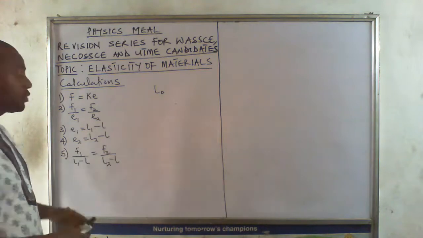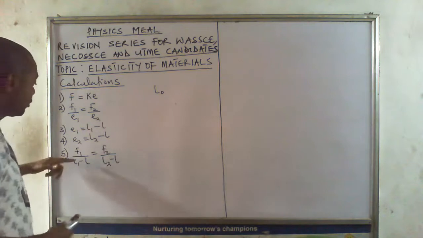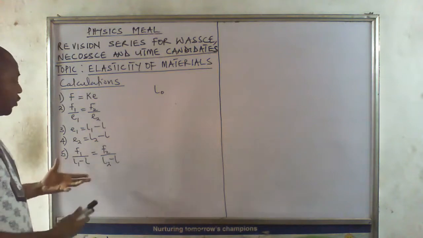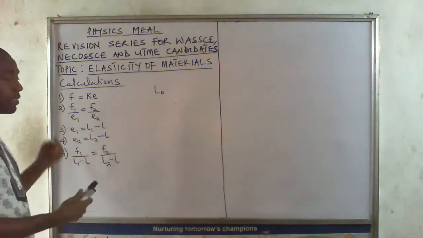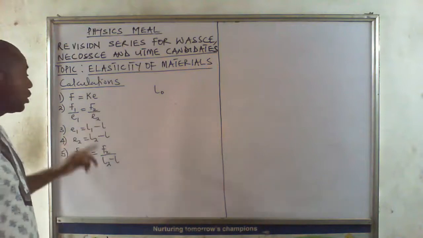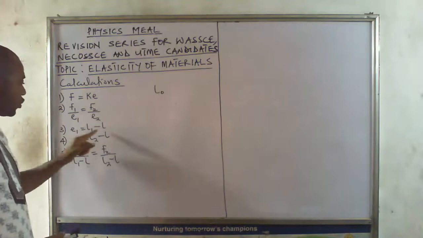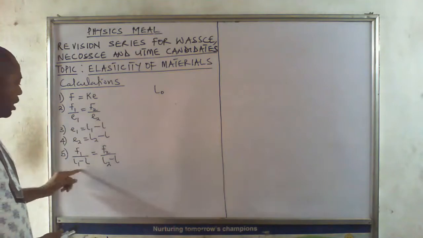In the previous video, we actually explained these parameters. Now, F1 is the initial force that produces an initial extension. F2 is the final force that produces another extension. So e1 is that, e2 is that. If you substitute it there, we'll now have this.